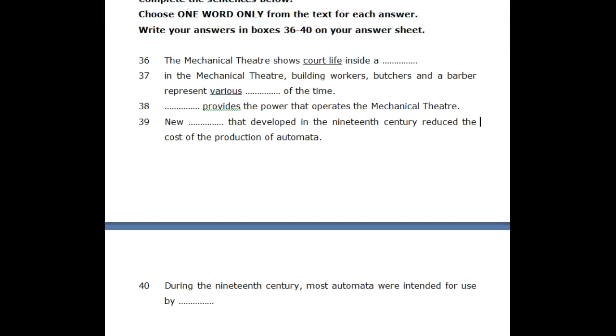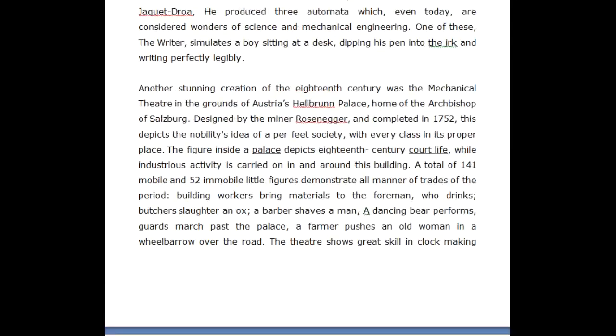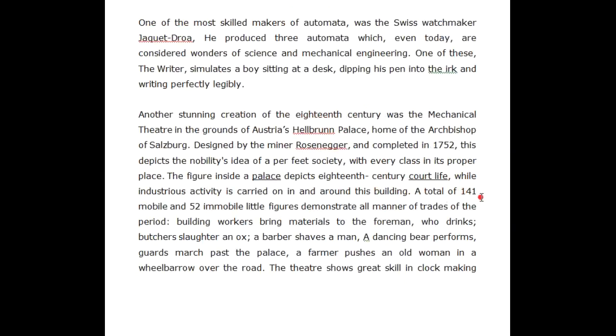So let's go back and at first try to find the professions or occupations that they are talking about. From here I'll read: mobile demonstration, manner of the trades, building workers. Okay, so all these occupations are there. I'll go back to this sentence here: a total of 141 mobile and 52 immobile little figures demonstrated all manner of trades of the period.